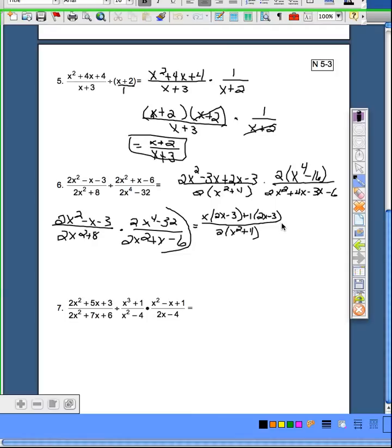On this one, we can factor x to the 4th minus 16 as the difference of squares. And this one will factor out a 2x, and that's going to leave me with x plus 2, and then minus 3, and that's going to leave me with x plus 2.